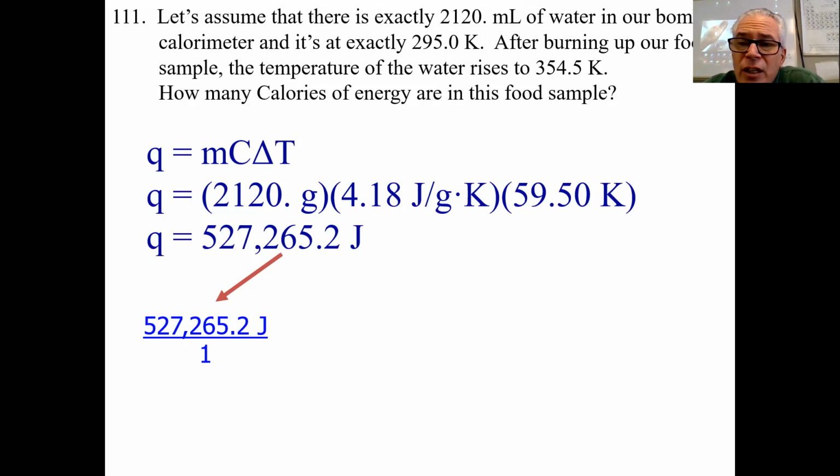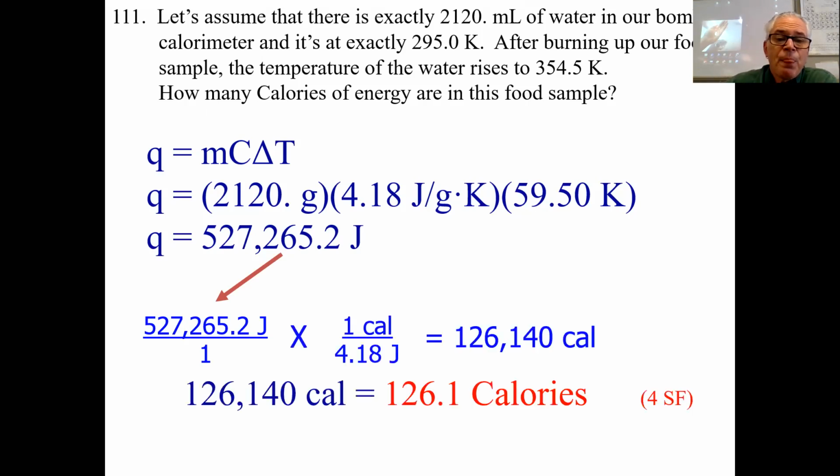Now we're going to convert these joules into cals, because we know that 4.18 joules is a cal, and then we'll convert again. So it becomes 126,140 cals. There are 1,000 cals in 1 Calorie, so that means it's going to be 126.1 food Calories.